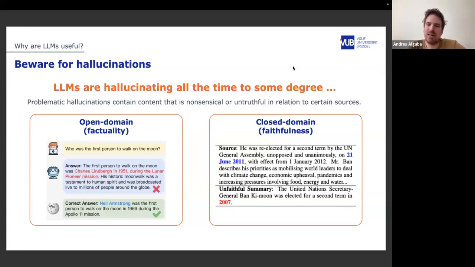It doesn't have a built-in mechanism to always stay close to the truth. So here we see, for example, Ban Ki-moon being re-elected in June 2011. When I asked the model to summarize this, it suddenly starts talking about 2007, which is an unfaithful summary. So you should always be attentive to these kinds of hallucinations.